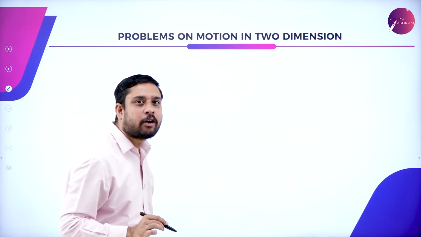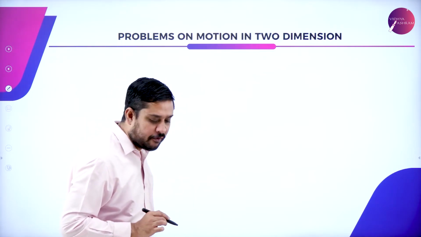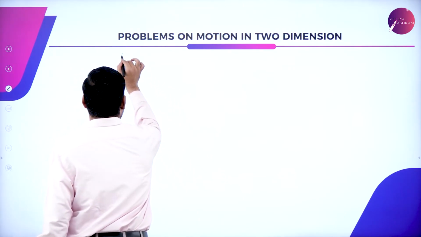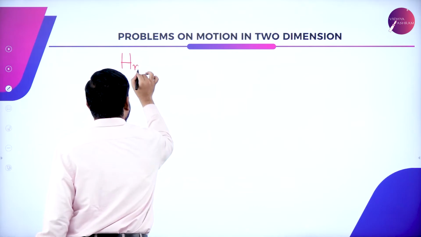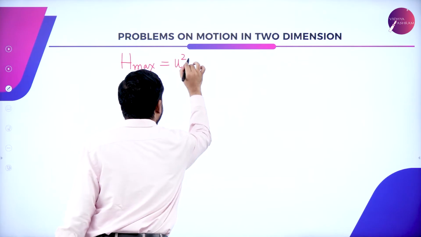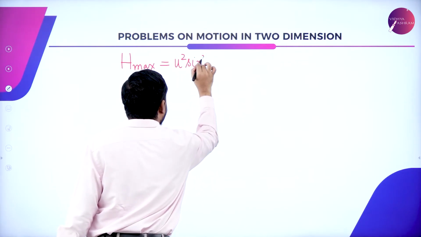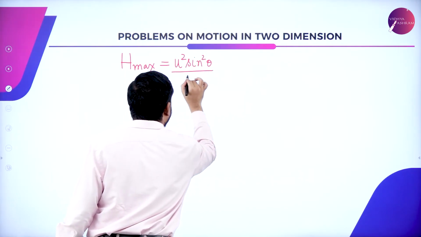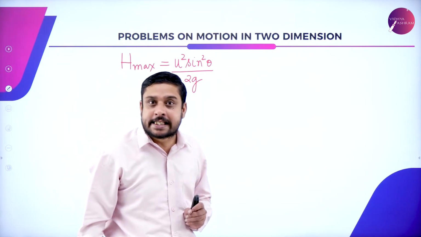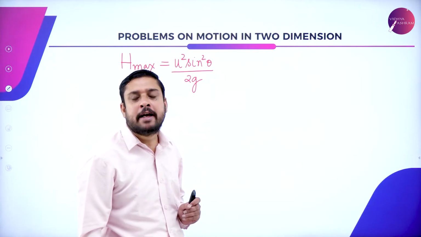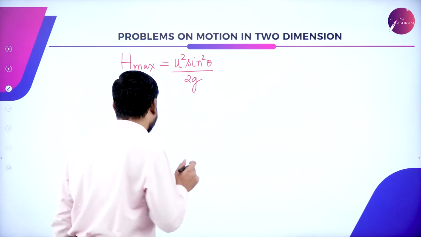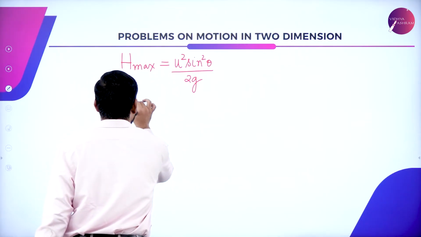So now let us recall the expression for maximum height, where we told maximum height is u square sine square theta divided by 2g. So this is the expression for maximum height, and in the problem maximum height is already given.